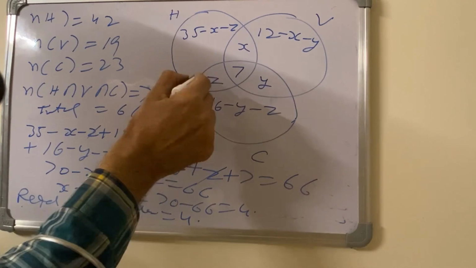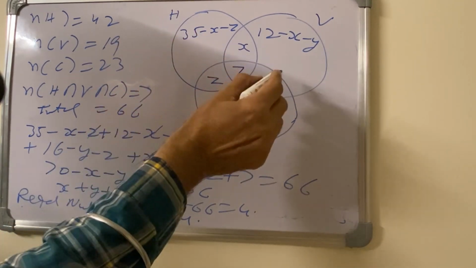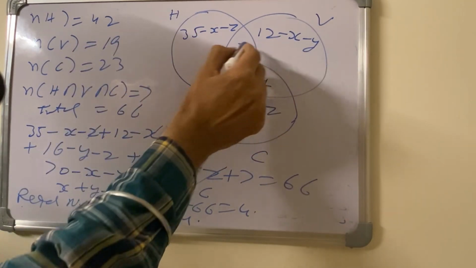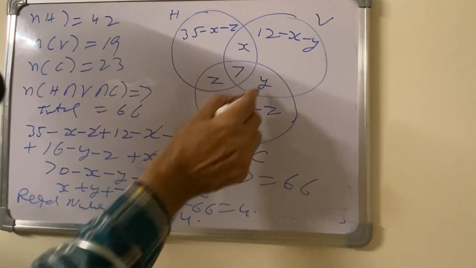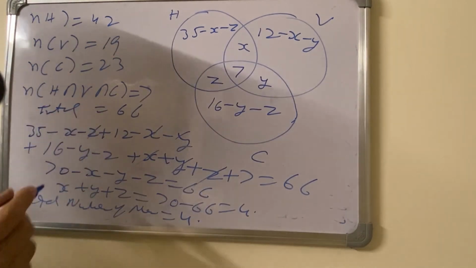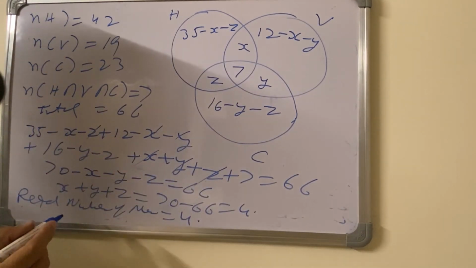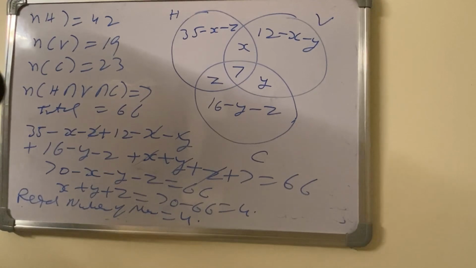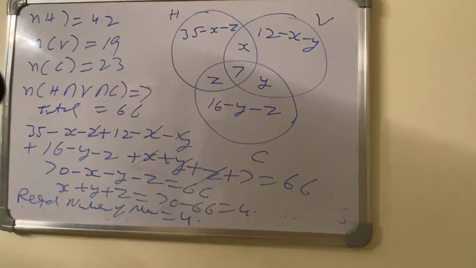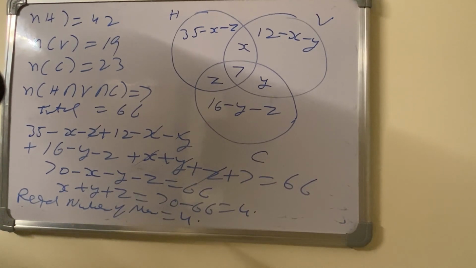When we subtract these 3 from 42, we get this one. Similarly, from 19, when you subtract this one, you will get this. Similarly, from 23, when you subtract all these, you will get this. The total is 66. By adding these, we get the values x plus y plus z. So this is how to solve a word problem including 3 sets by using Venn diagram by step-by-step procedure.